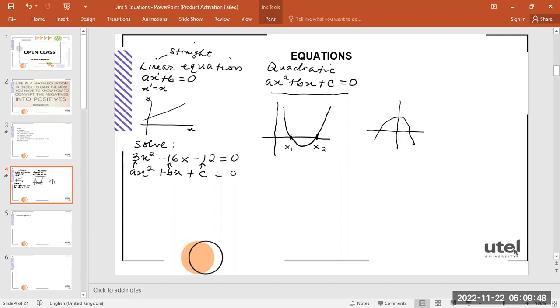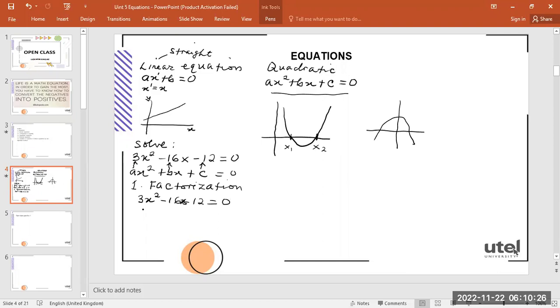Now I'm going to solve this quadratic equation using the first method that we shall be learning, which is the method of factoring or factorization. By the method of factorization, we take the original equation we've been given, 3x squared minus 16x minus 12 equals 0.